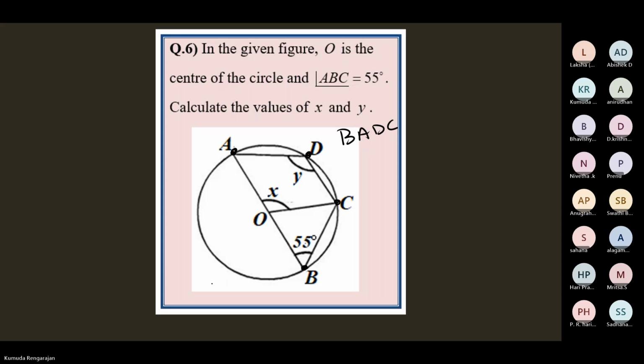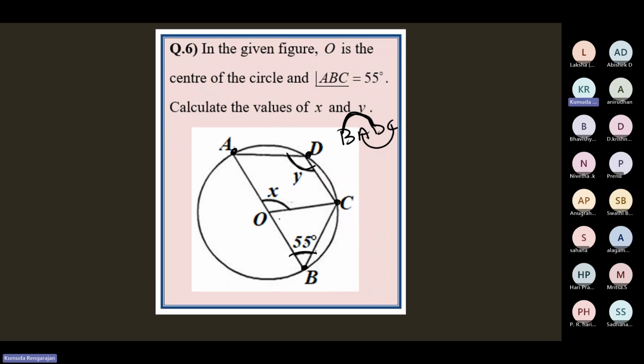In a cyclic quadrilateral, opposite angles are supplementary. So B and D are opposite angles. A and C are opposite angles. So 55 plus Y is equal to 180.